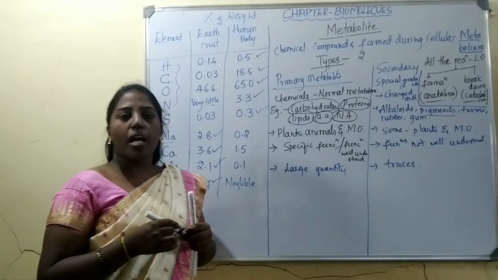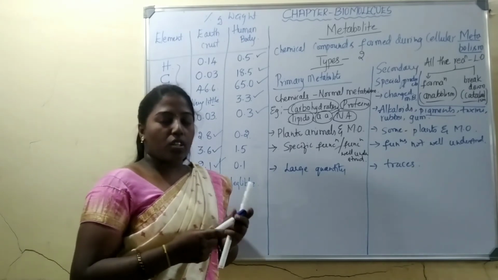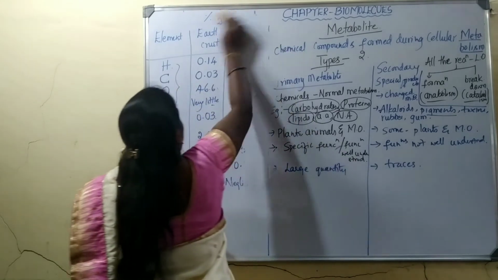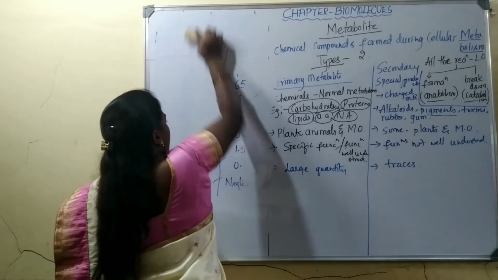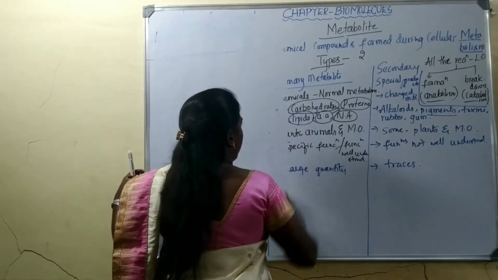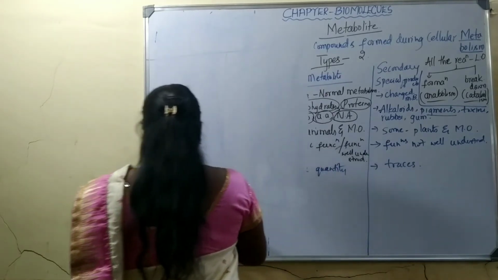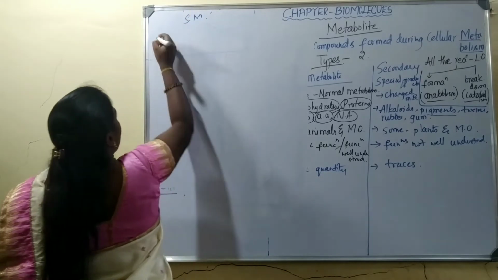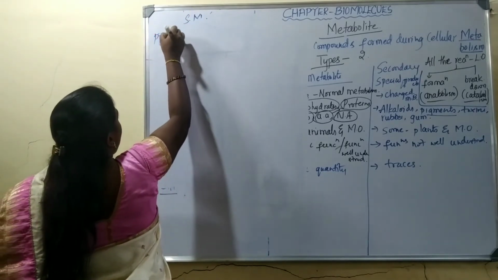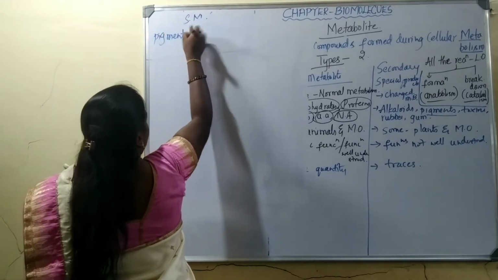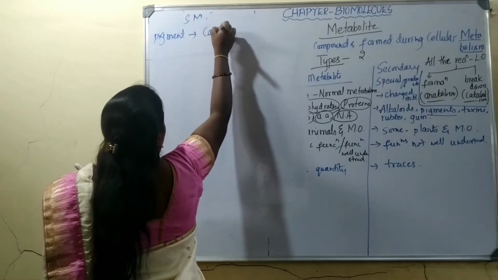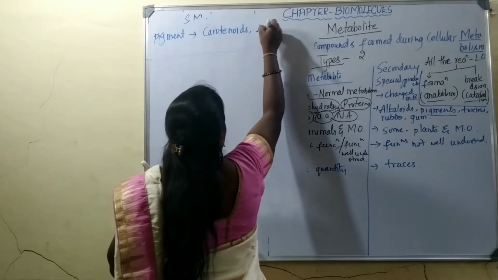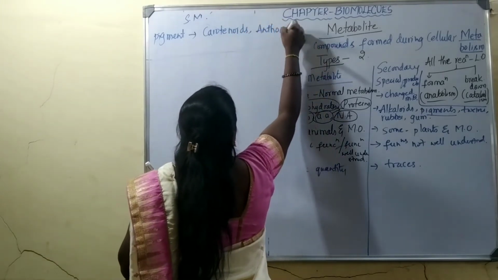Let us see some more examples of secondary metabolites. The first one I'll take up is the pigment, like carotenoids and anthocyanins.